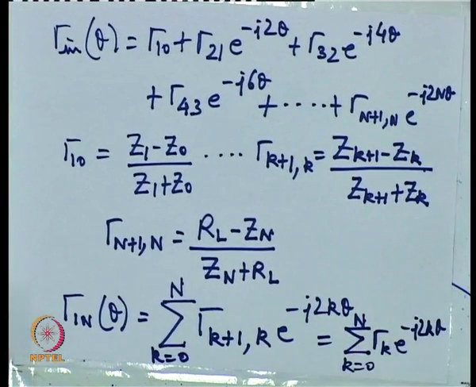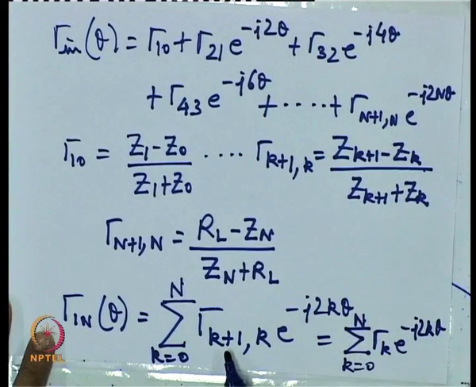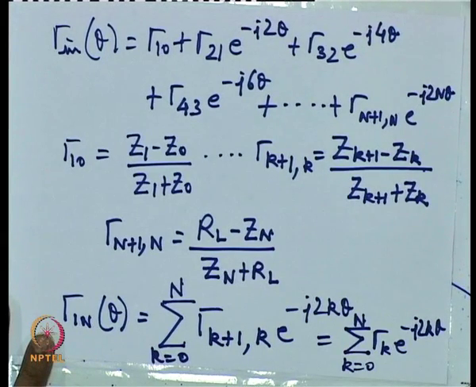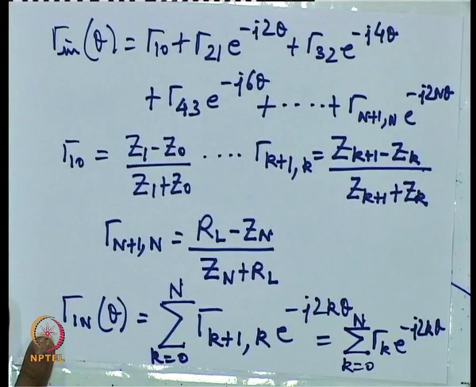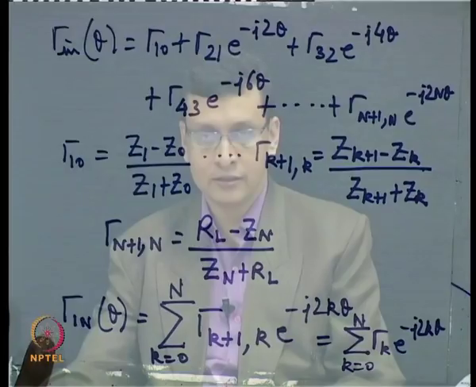So this is the formula we finally obtain. Here, instead of writing gamma k plus 1 comma k, I replace this with gamma k, just for convenience, as we shall see later on. So this is the general formula for the input reflection coefficient when we have n sections connected in cascade.